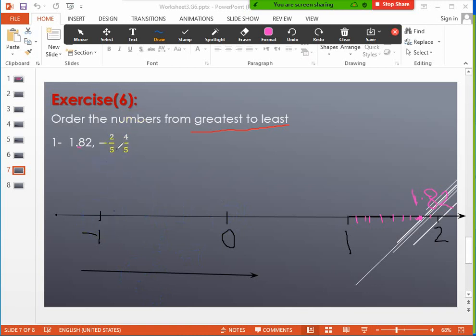So here I have to divide the distance between 0 and negative 1 into 5 equal parts. So I will divide it into 5 parts like this. And I have to move how many parts? 2. So I will count 1 and 2. This point is negative 2 over 5.